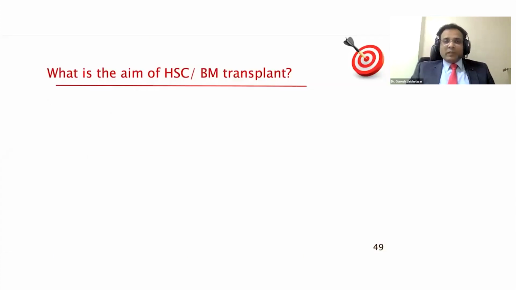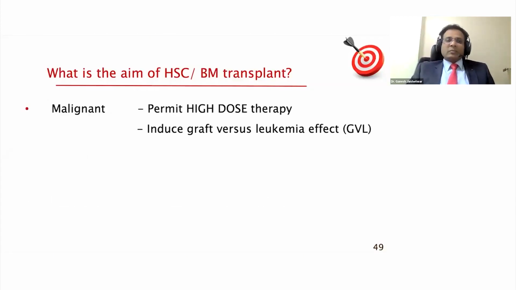Now the part 2 of my talk. So what is the logic of transplant and what are the indications of transplant? So the aim of bone marrow transplant for malignant conditions is to permit high dose chemotherapy so that the maximum cancer kill can be achieved as per the Gompertz law. And at the same time, the donor-derived hematopoietic stem cells continue to attack the host cancer cells, and that effect is called graft versus leukemia effect.